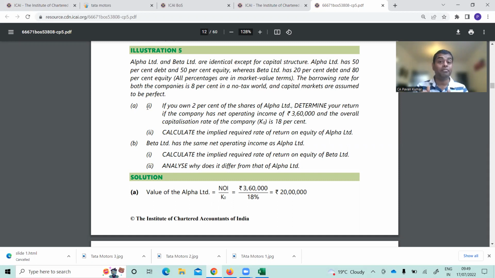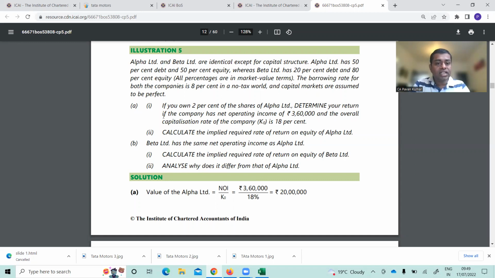Why won't they be the same? Because there is a difference in capital structure. B2: Analyze why it differs from that of Alpha Limited. This is the question. Interesting, right? Half the students, after reading the question, will be scared: sir, what is this question? Don't worry, it is a simple question.